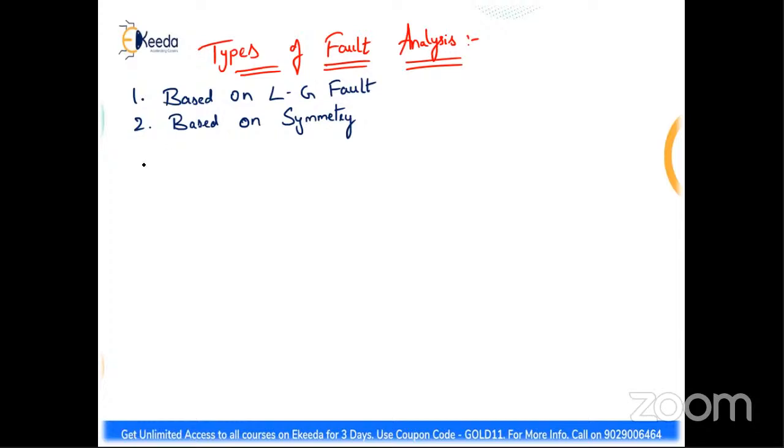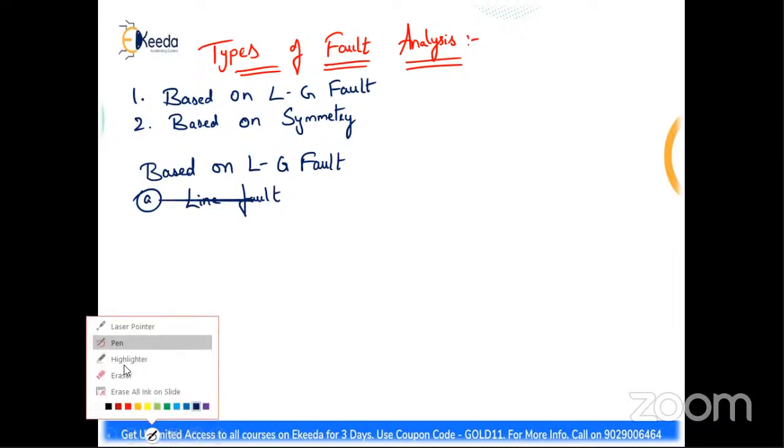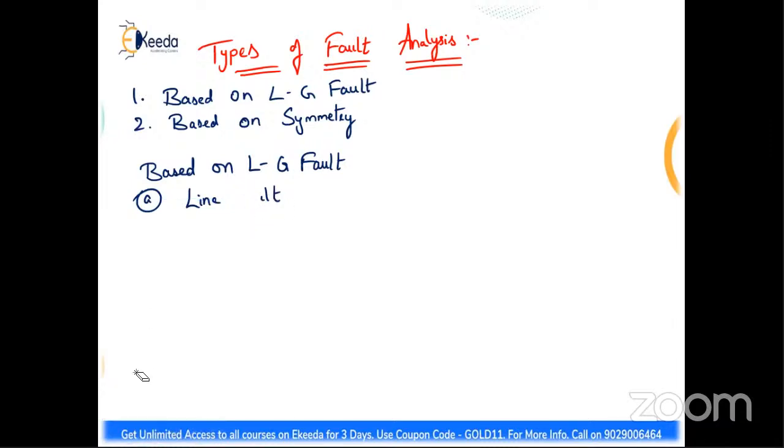In the LG-based classification, we have two types: line fault and ground fault.